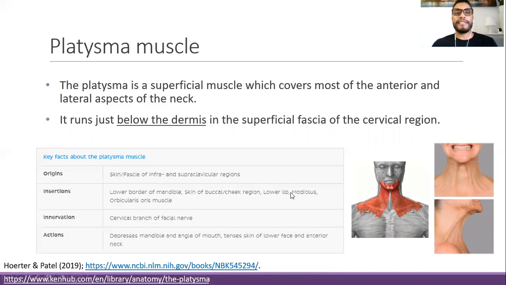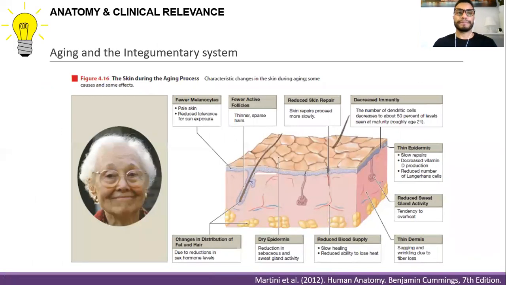Finally, another clinical relevance of the integumentary system is that when I introduced the subject to you, I told you that the integumentary system can tell us if someone is young or old. So the integumentary system suffers many changes during the aging process.